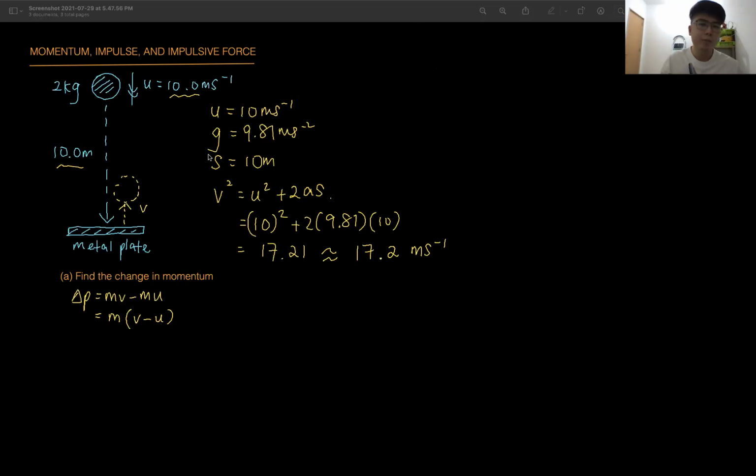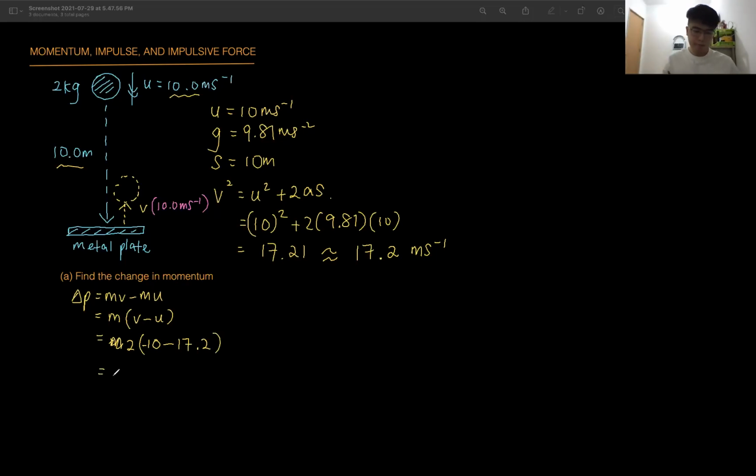Now, let's assume that the velocity after the bounce is also 10 m/s. Calculate the change in the momentum. So it equals m, that's 2 kg, times minus 10. You have to put a minus for the final velocity because after the bounce, the velocity is moving up. So we take minus 10 and then minus the initial speed, downward 17.2.